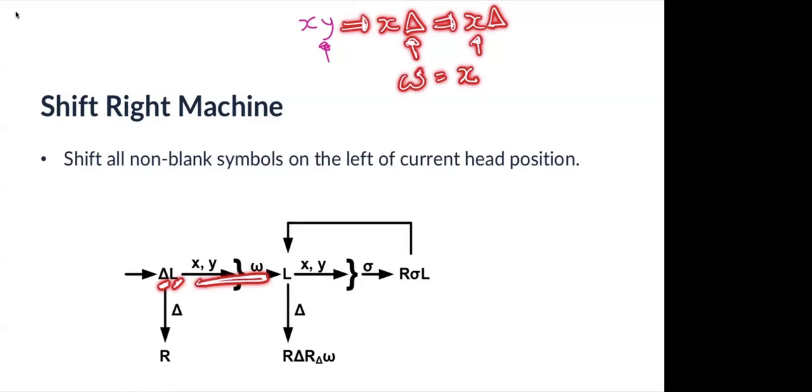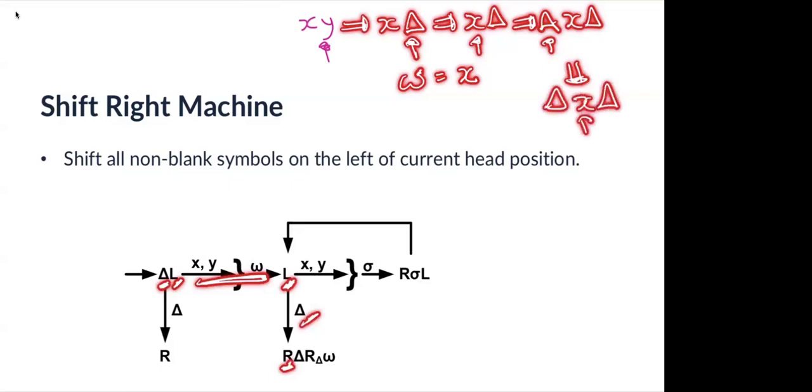And then we move to the left. So here we have delta, right? So next, if we find delta, then we will do R, which means we are in this position, and then we will do delta, which means X will be changed into delta, but we are still in the same position.